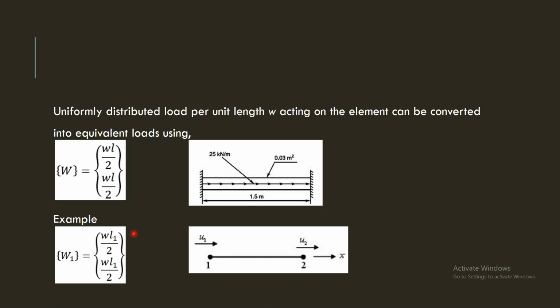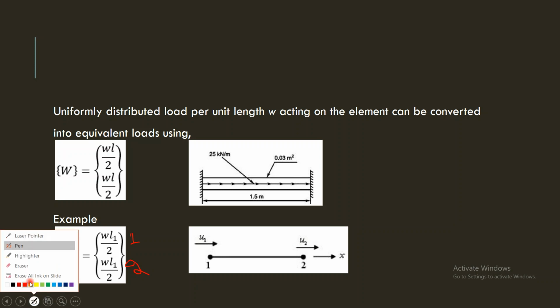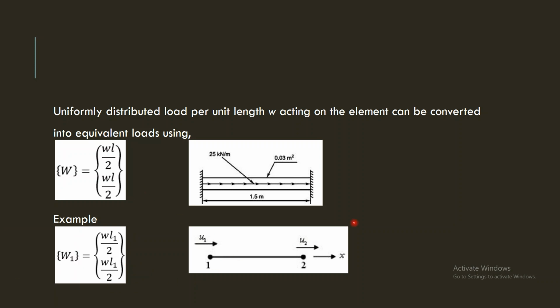The meaning is, this load is applied to node 1 and this load is applied to node 2. That is what the meaning is. So like this we are going to solve the actual problem of the UDL. I hope everyone is getting this point.